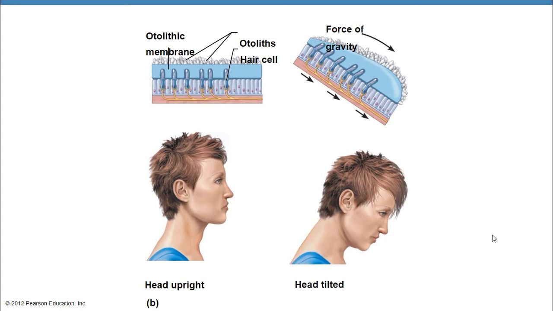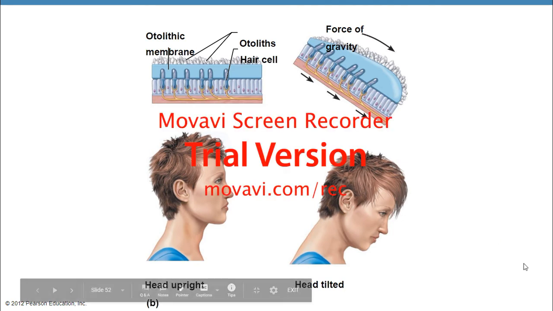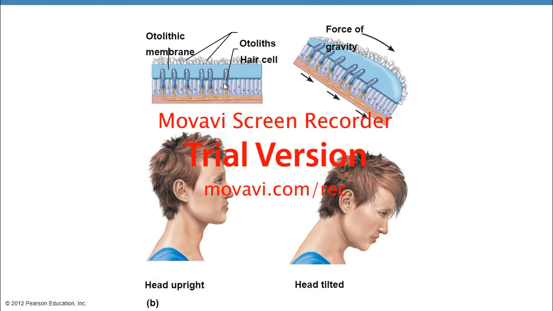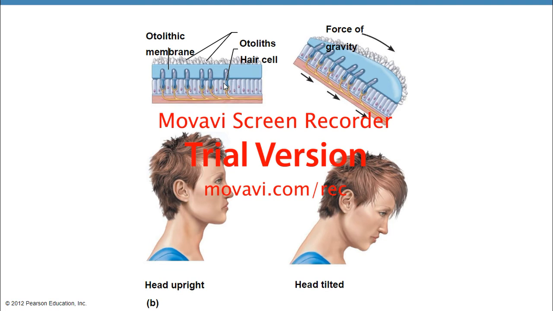All right, so in the vestibule you have a different set of hair cells, which in this case are receptors that monitor head position and acceleration in a straight line.